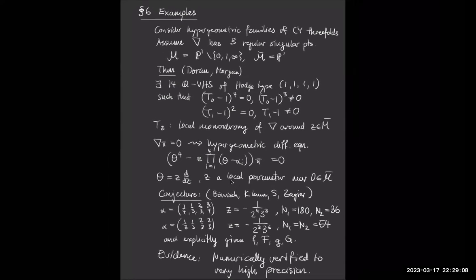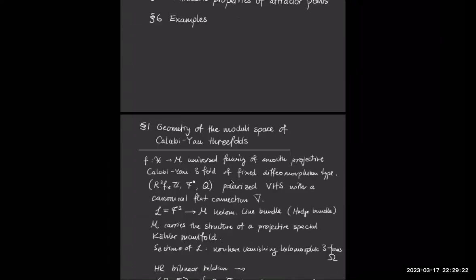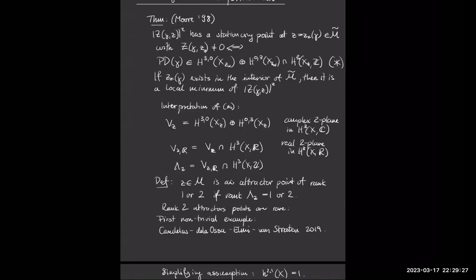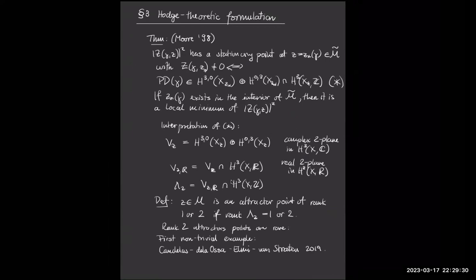So this is the attractor point story. Originally, we were looking at different points, and this is also in the paper. Here in the theorem of Moore, to prove this, we have in the interior of M twiddle, which means that the metric should not be degenerate at an attractor point.